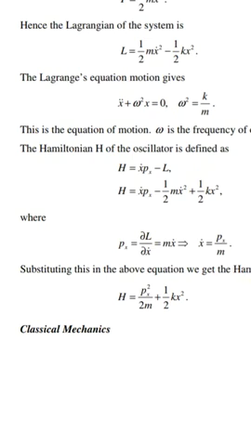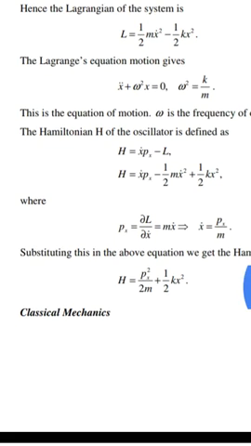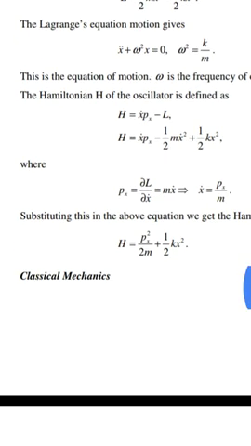The Hamiltonian H of the oscillator is defined by H is equal to x dot px minus L. H is equal to x dot px minus 1 by 2 m x dot square plus 1 by 2 kx square, where px is equal to del L by del x dot is equal to m x dot.